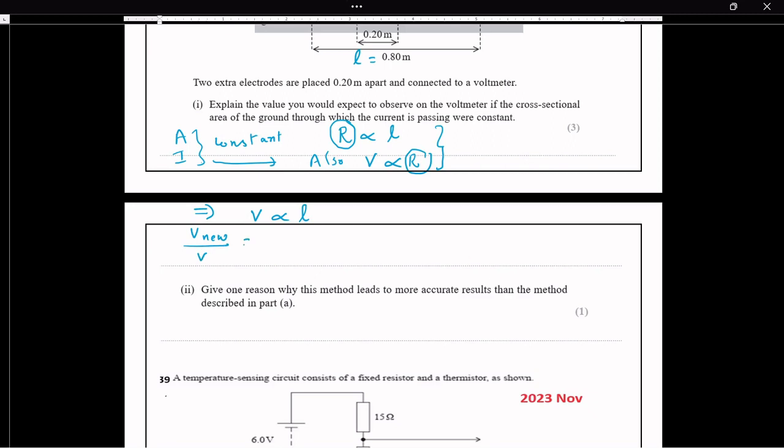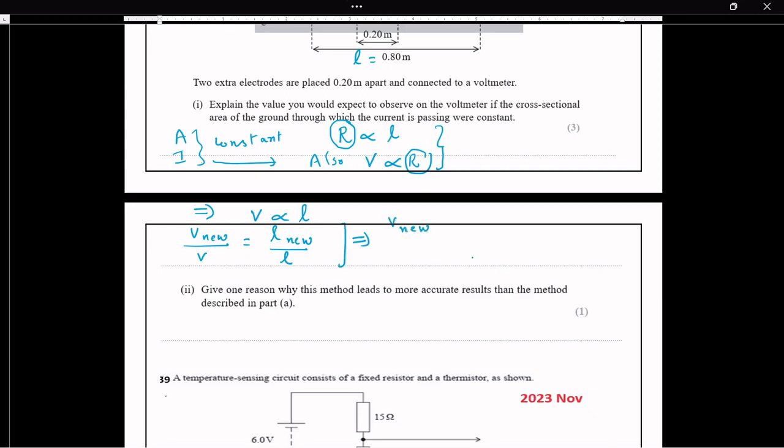V is equal to new length over the original length. So what is the new voltage we want to calculate?